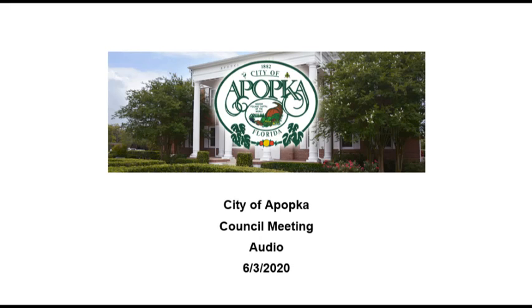So the lobby is still currently closed, but we have lots of online options for customers. You can view or pay your utility bill online with credit or debit card. You can sign up to receive e-bills, and you can also download on our website an auto pay direct debit form for paying your bill through ACH debit.